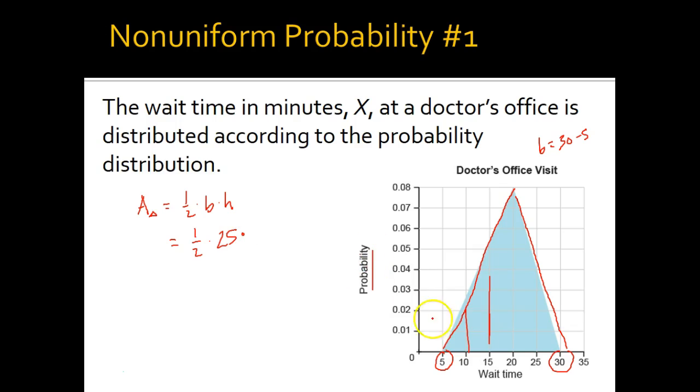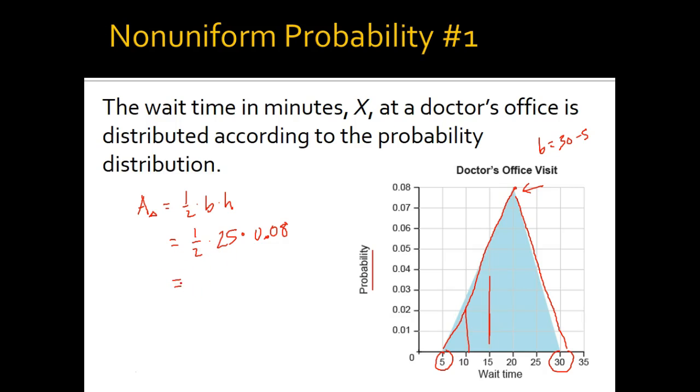And then the height is the tallest tip-top point of the triangle. That's how high it is, and on our chart that is 0.08, sorry, I got that wrong. Okay, now here's the deal. I can do this on my calculator, and you can trust me, but it'd be better if you did it on your calculator, so hit pause and try this.